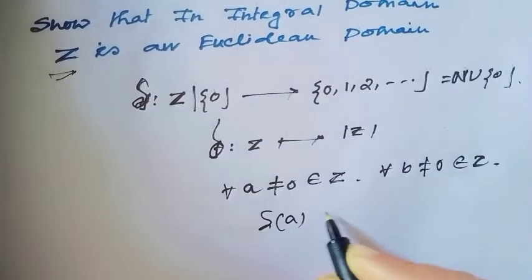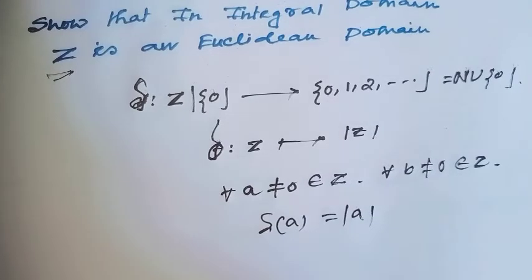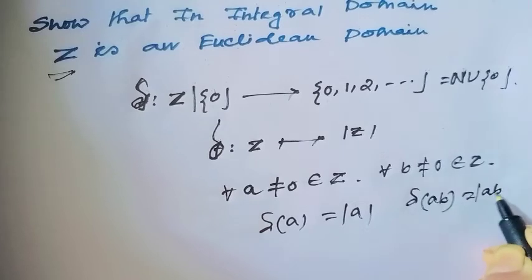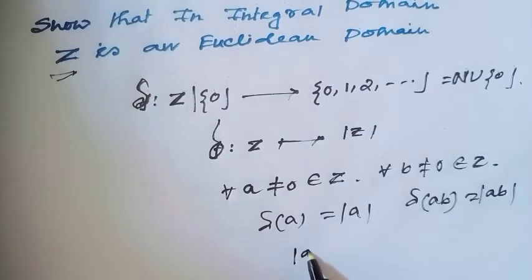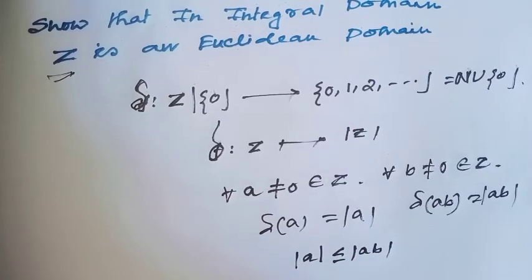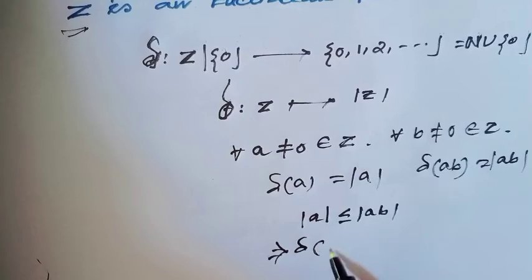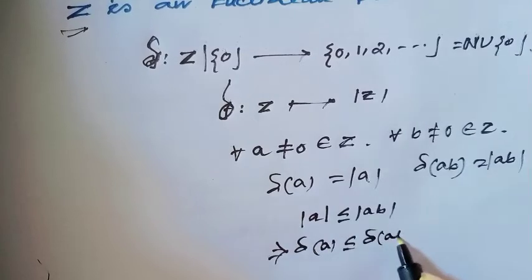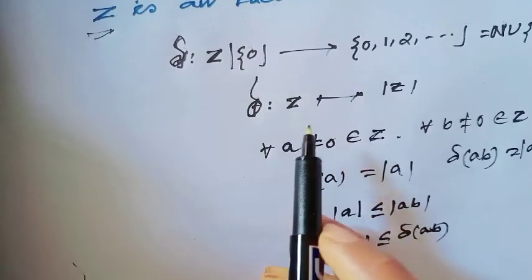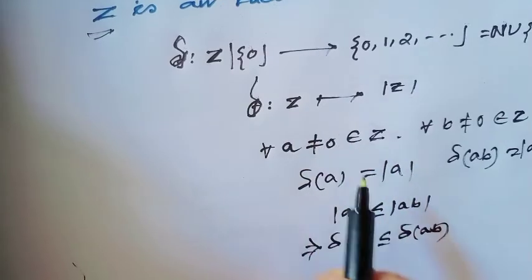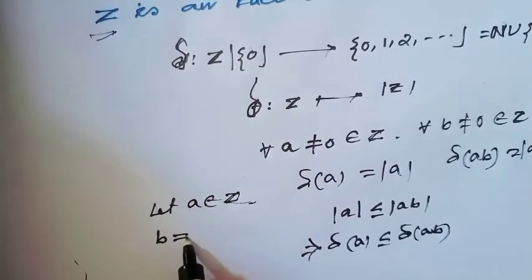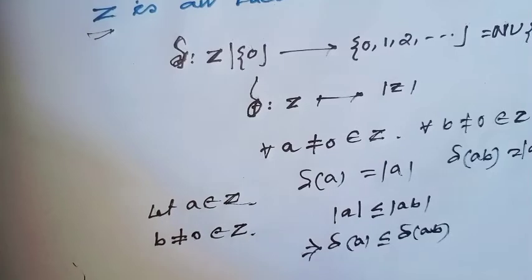the image of a would be the absolute value of a. Then the image of ab would be the absolute value of ab. And obviously all of us know the absolute value of a is always less than or equal to the absolute value of ab. That means delta a is less than or equal to delta ab. Since the elements are members of the integers, obviously this satisfies the division algorithm. Let a be a member of the integers and b be any non-zero element which is also a member of the integers.